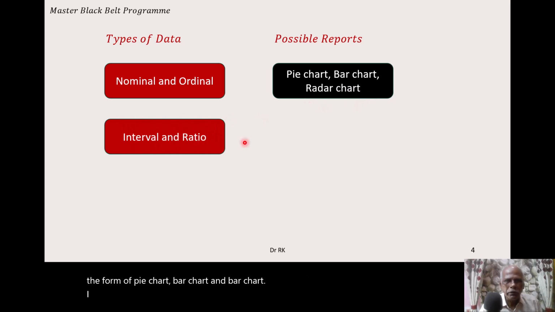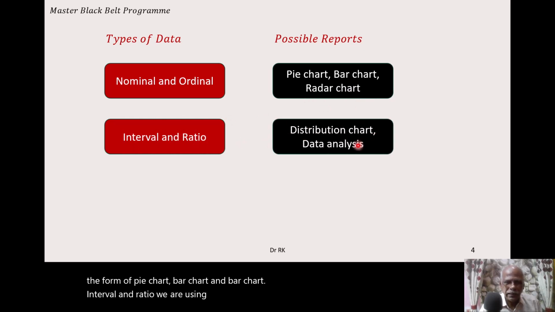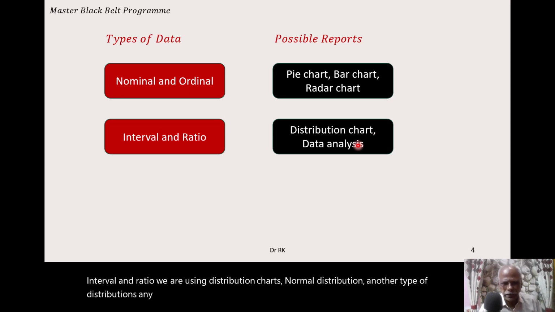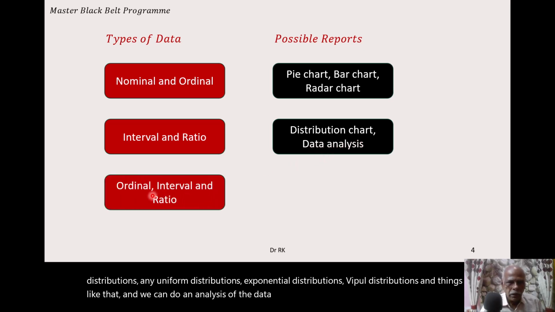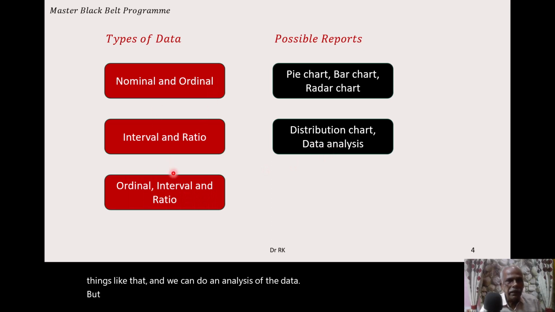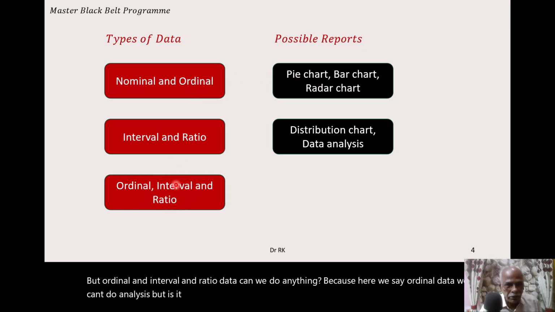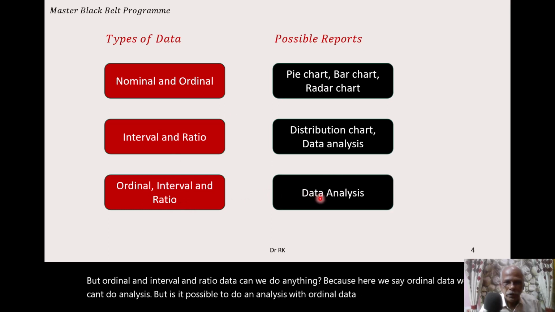For interval and ratio we use distribution charts: normal distribution, uniform distributions, exponential distributions, Weibull distributions and things like that, and we can do an analysis of the data. But for ordinal data, can we do anything? Here we say ordinal data we can't do analysis, but is it possible to do an analysis with ordinal data or interval data? Yes, it is possible. That is what we are going to see.